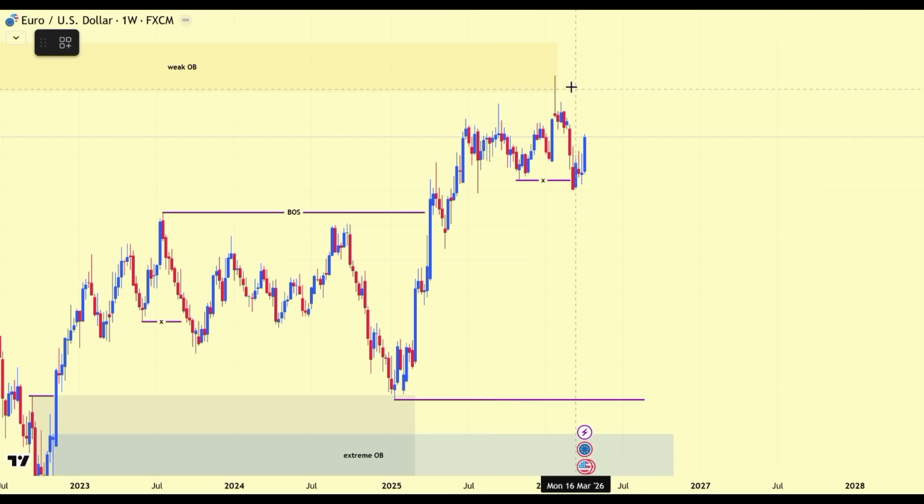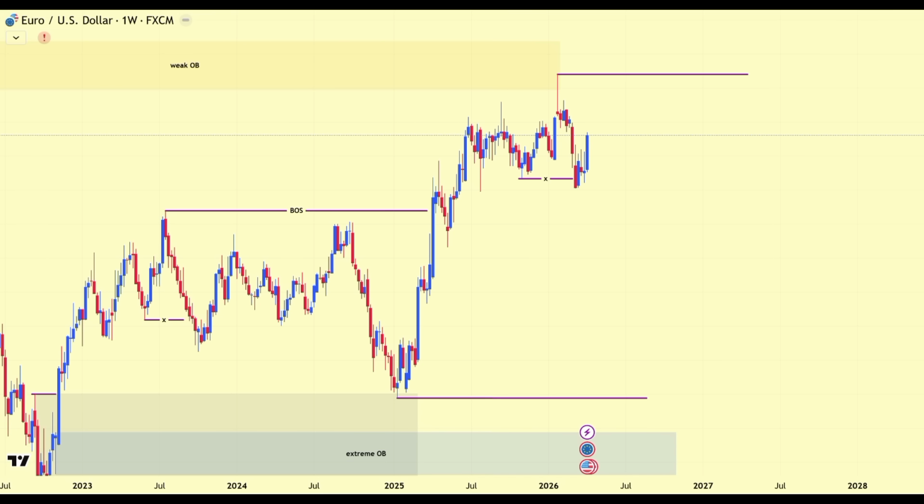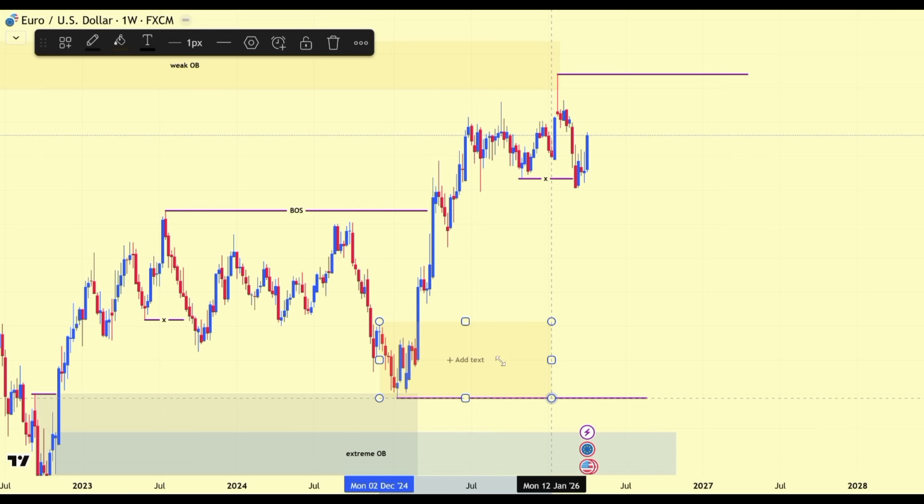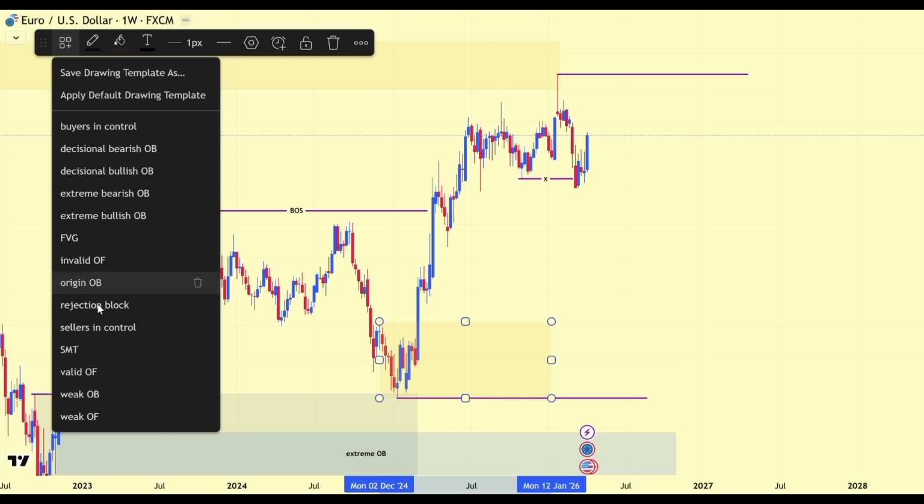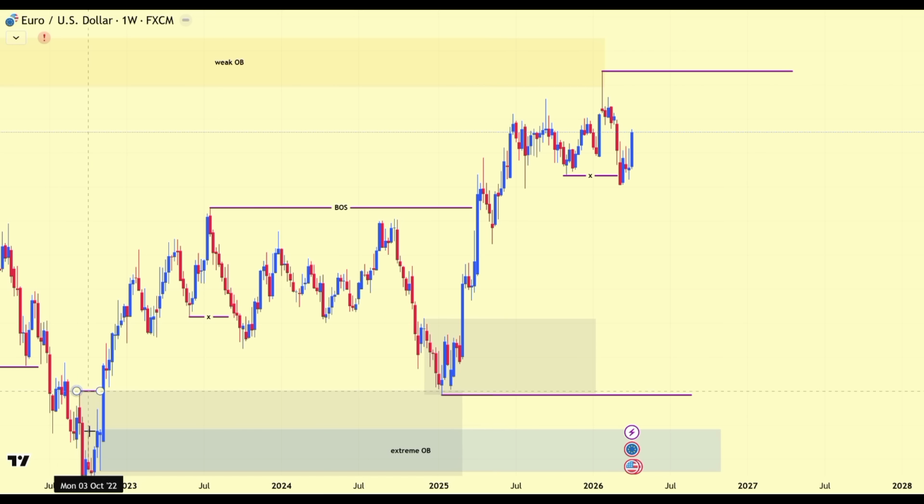So you can clearly see exactly right here, that is our high, this is our low, this is a major inducement and price has taken it, and you can clearly see that bullish momentum. Okay, so if I'm to mark the order flows here, pretty much clear, we can clearly see this here will be our extreme order flow. So we have there our extreme order flow.